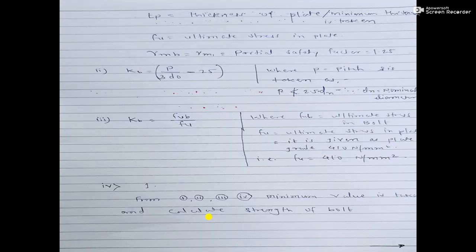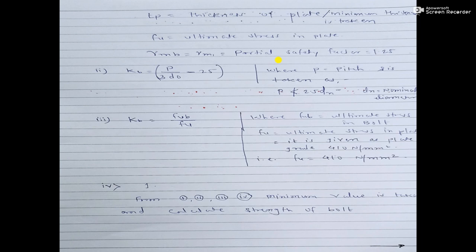The edge distance is taken as the minimum, it should not be less than 1.5 D0.